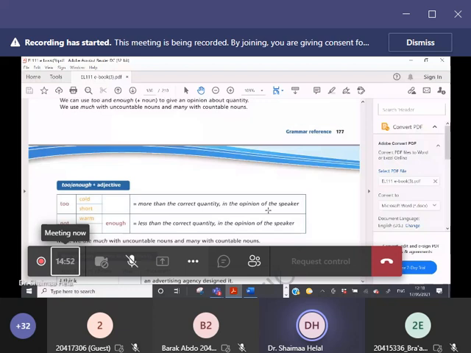Not warm enough, not tall enough. What is the meaning of this? It means less than the correct quantity, again in the opinion of the speaker. We are using much with uncountable nouns and many with countable nouns. Okay, my dear students, the main point here is to understand that you are referring to the idea from the point of view of the opinion of the speaker, the one who is talking.